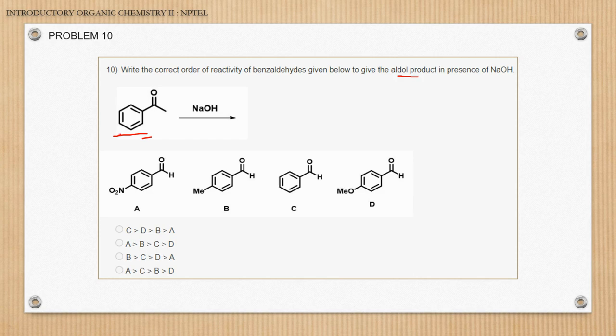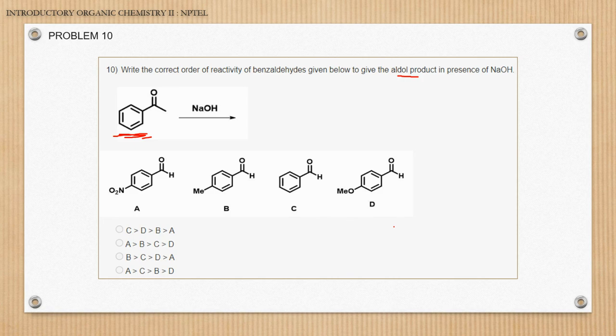So you have to react this benzaldehyde with this substituted benzaldehyde, and you have to find out the correct reactivity order of the benzaldehydes given. So can anyone tell me what will be the correct order? Just go to the concept, go to the basics.